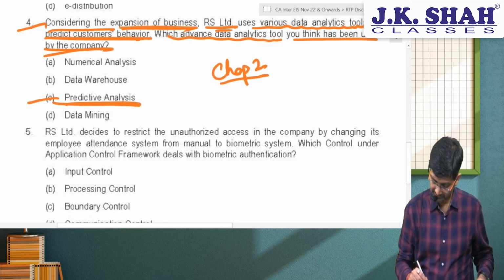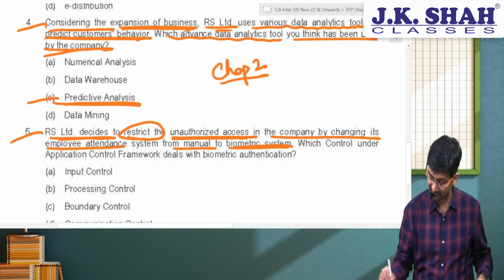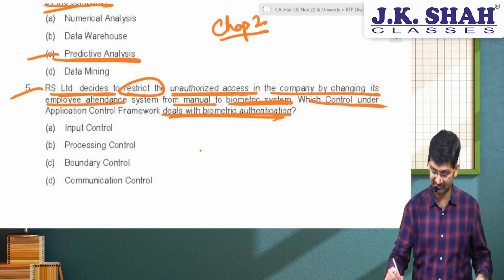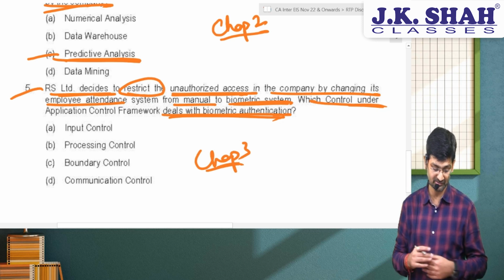Okay. RS Limited decides to restrict unauthorized access in this company by changing its employee attendance from manual to biometric system. Which control deals with biometric authentication? Now, this should be relatively easy, dealing with chapter 3. So they have one question from each chapter getting covered here for us.